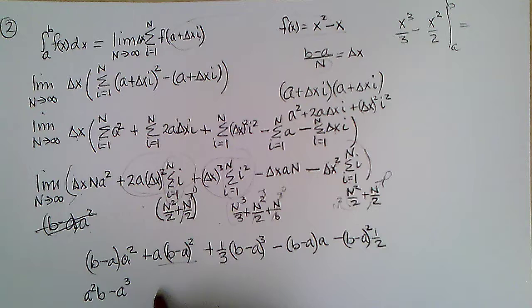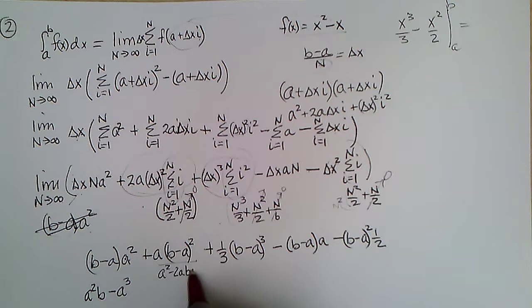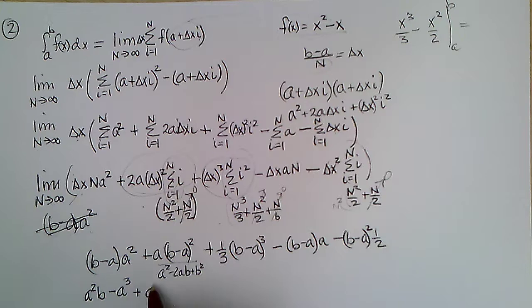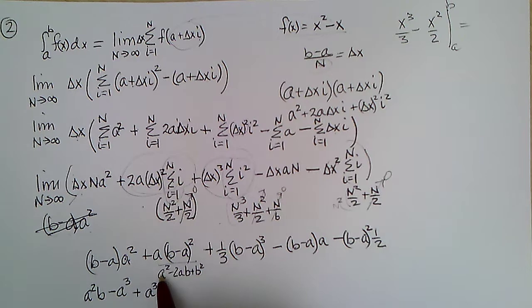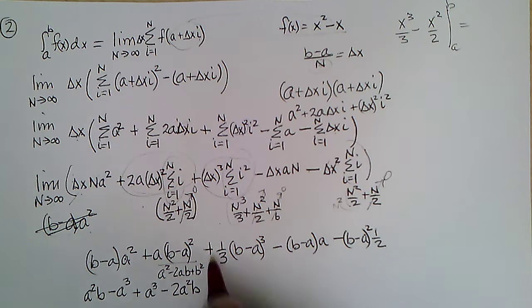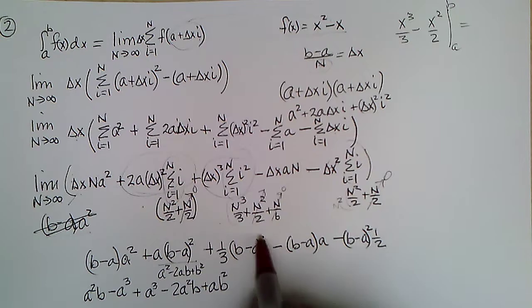B minus a squared is a squared minus 2ab plus b squared times an a, so this is going to be plus a cubed minus 2a squared b plus ab squared. And then I'm going to have this cubed.